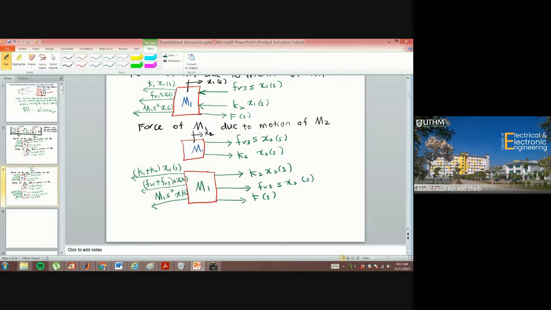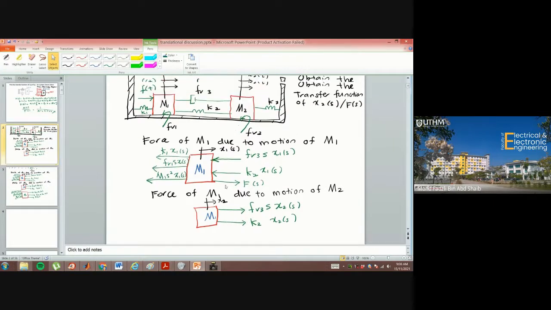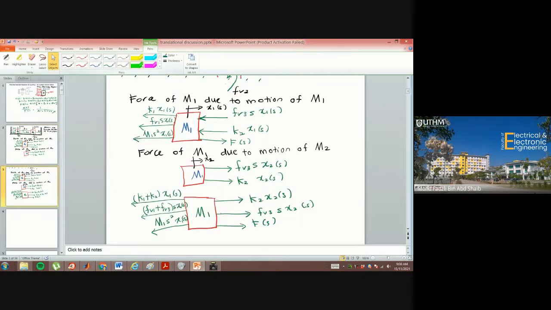The thing is, if you are expert enough, if you are thinking out of the box, you can straight away draw this diagram of forces instead of drawing one by one.